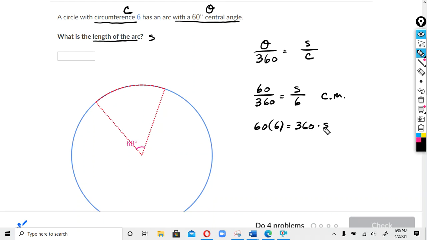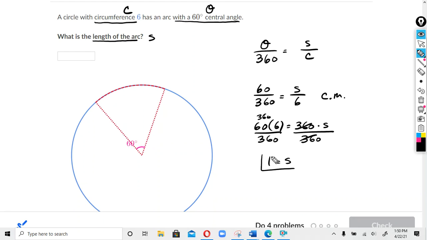Solving for S, you want to get rid of 360. Just divide both sides by 360. And it cancels over here. And S is going to be 60 times 6 over 360. Well, 60 times 6 is 360, and then divided by 360, that's just going to be 1.